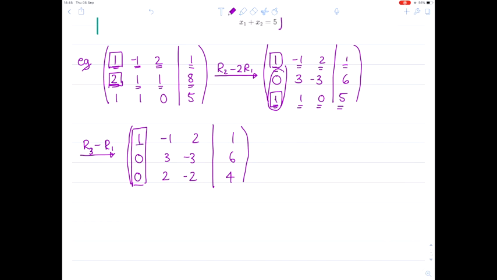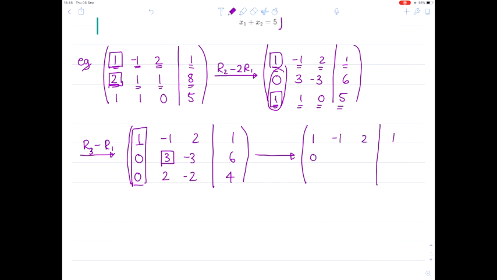So the next thing I want to do is in my second row, second column, I want this to be a 1. So the simplest thing to do here is just to divide through by 3. So I've got 1, minus 1, 2, 1.